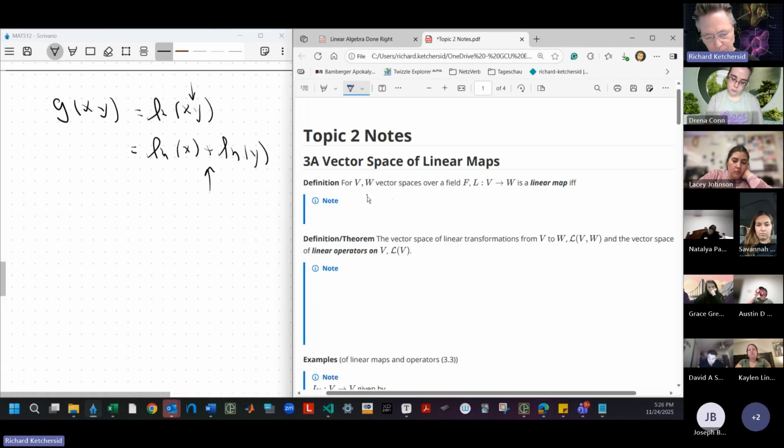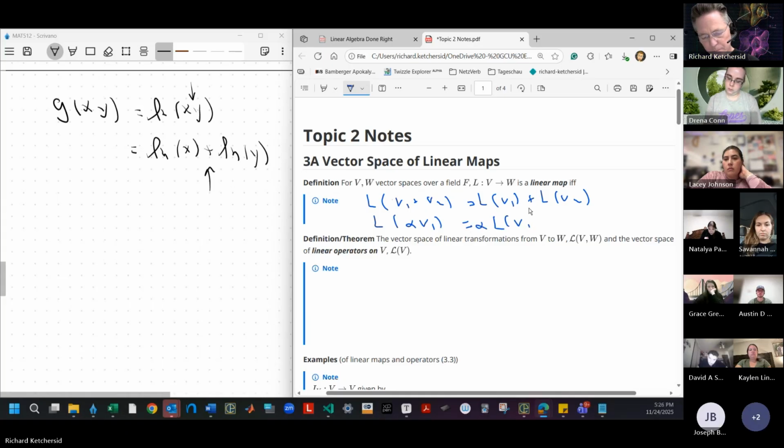So writing it down in math, you say L of V1 plus V2 is L of V1 plus L of V2, and you want to say that L of alpha V1 is alpha L of V1.